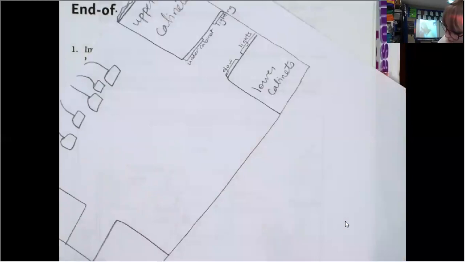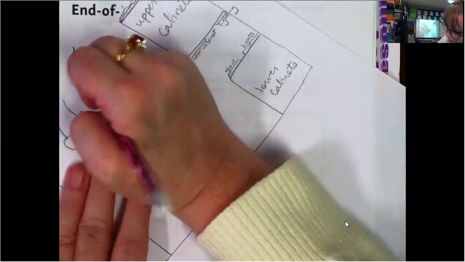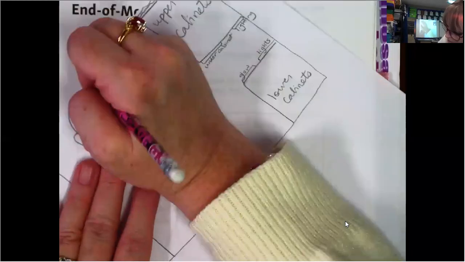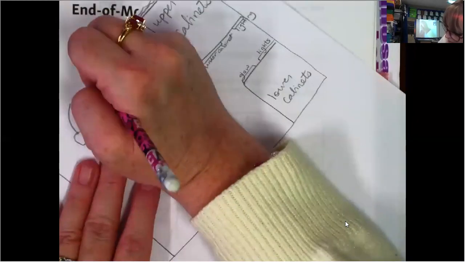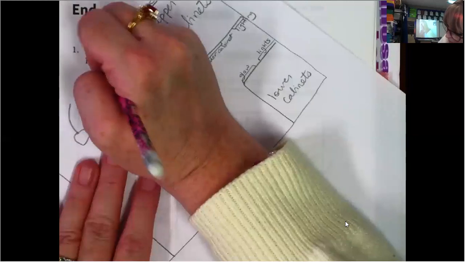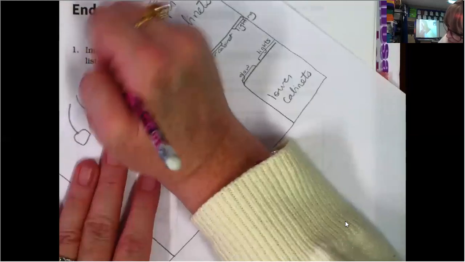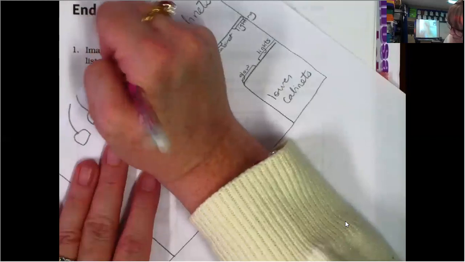Make it where I can read it, okay, guys? All right, these are lights. You see I'm labeling all this. So these have a plug. And you see I'm labeling all of these electrical energy, okay?